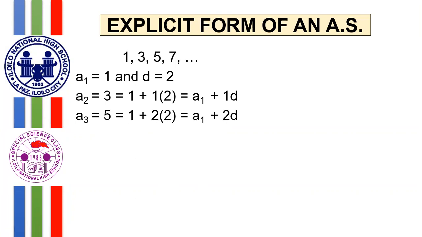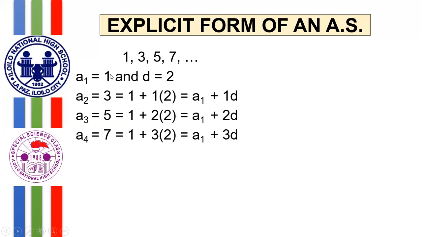For the fourth term, which is 7, how many times did you add 2? We have 1, 2, 3. So you added 2 three times. That's why a sub 4, which is 7, is expressed as the first term 1 plus 3 times 2, because we added 2 three times.